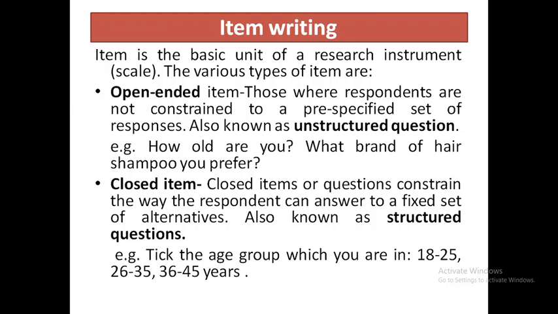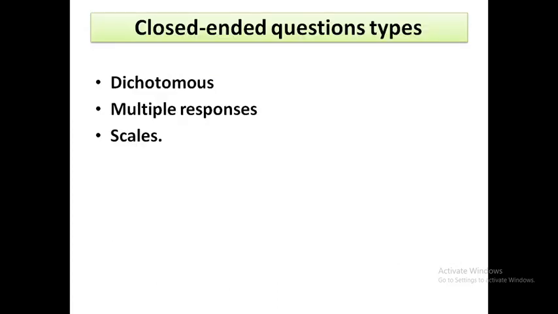Open-ended questions are also known as unstructured questions, and close-ended questions are also known as structured questions. Close-ended questions can again be of various types, say dichotomous, multiple responses, and scales. In the dichotomous type, there are two categories of response already stated for the question, and the respondent needs to choose the category which best describes them.